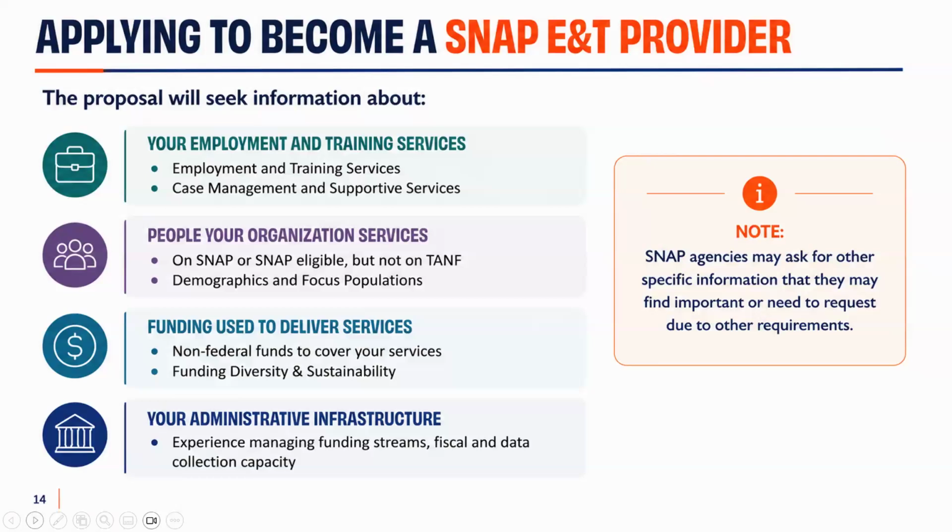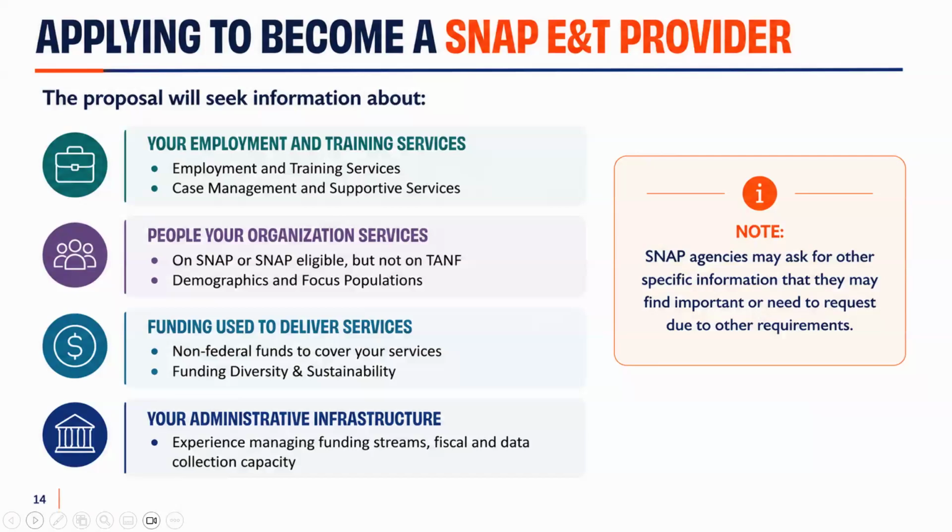They're going to want to know in your proposal who in your organization is going to be interacting with your SNAP E&T program. So who are your program staff? How are you determining who is going to be eligible for SNAP and non-SNAP? What are the demographics of the participants that you're going to be serving? Where are you offering your services?